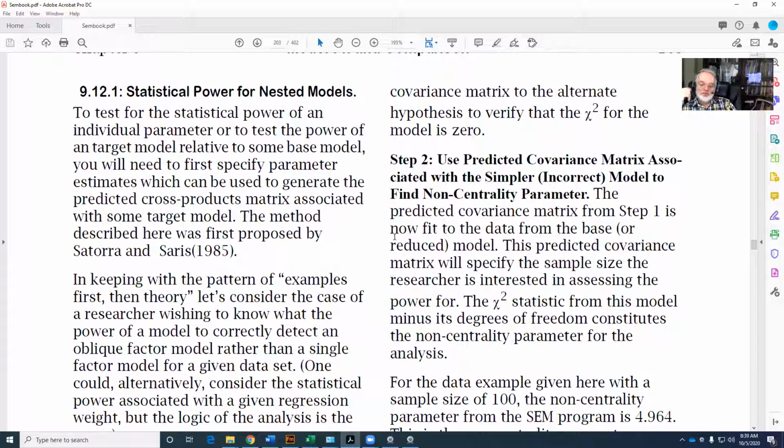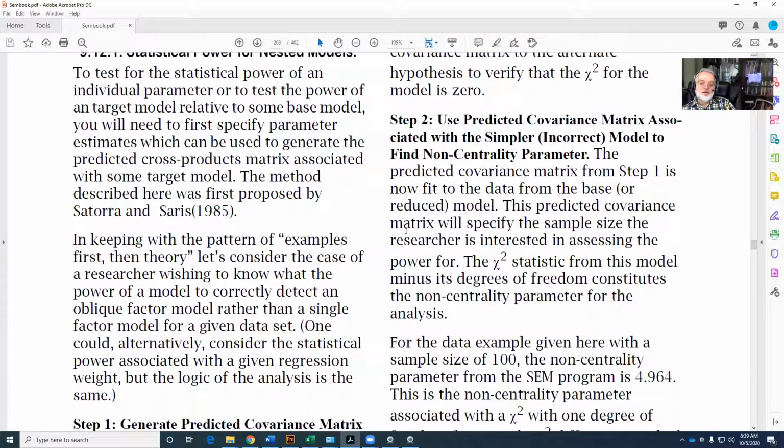The second approach that we talk about later is Monte Carlo power studies for all of your parameters simultaneously, doing some generation of many, many replications of a study. If you're looking at this first technique, our task is to generate a predicted variance-covariance model for our more complex and our simpler model.